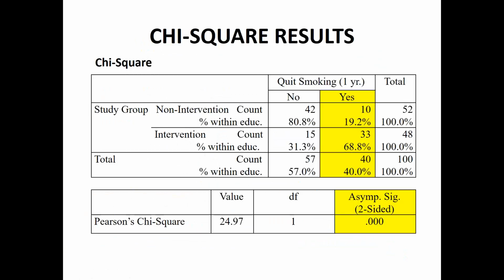So of the people that attended the intervention, over 2/3, 68.8%, quit smoking after 1 year. Now, the non-intervention group, there's 52 in total, and in the yes column, there's 10. So only 19.2% of them quit smoking after 1 year. So that tells us there's a significant difference where people in the intervention group are significantly more likely to quit smoking.